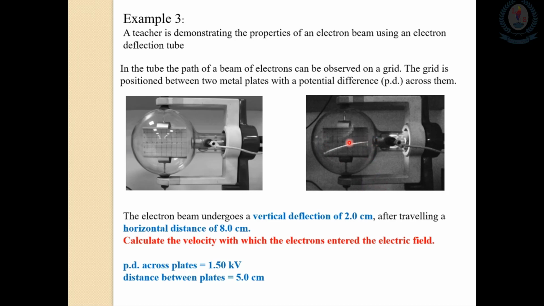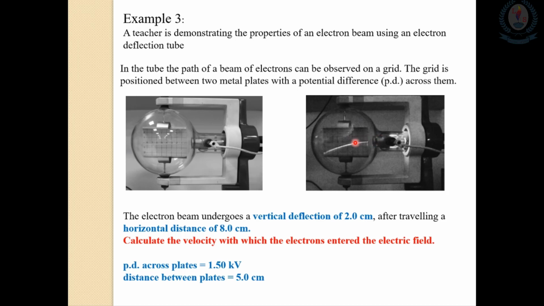This horizontal distance is 8 centimeters and there are 2 centimeters of vertical deflection. Calculate the velocity with which the electrons enter. Now we have to find out the entering velocity, how the electron beam enters horizontally.